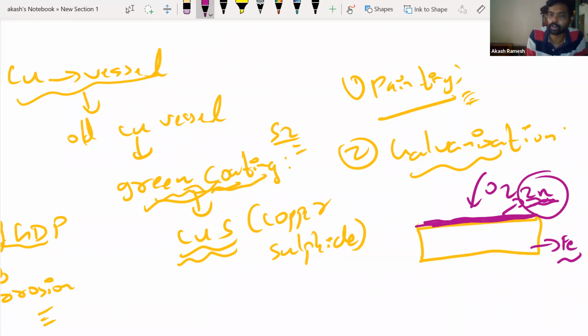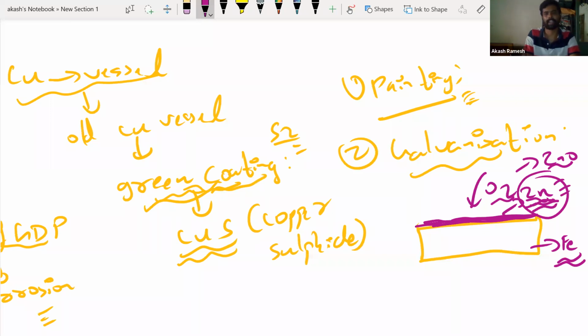Zinc will undergo a reaction with oxygen to form ZnO, making sure that it protects the iron, which is of very important value. Galvanization is basically coating the surface with zinc, so that it is going to prevent oxidation of the metal by zinc itself undergoing oxidation.